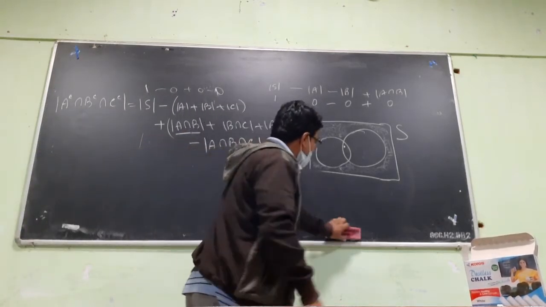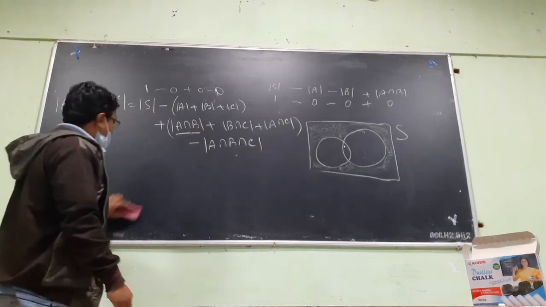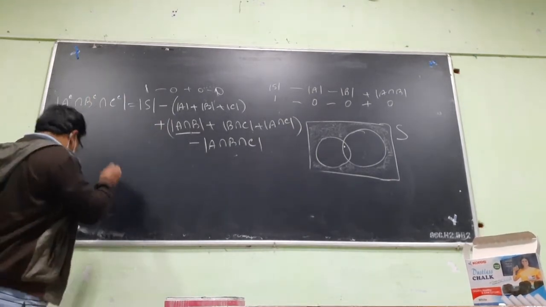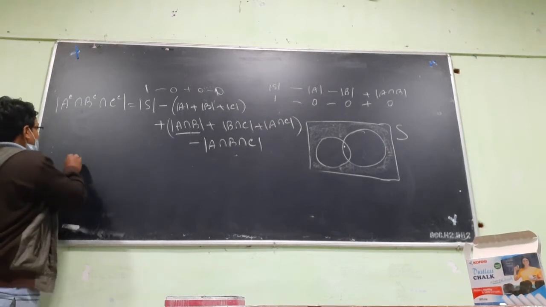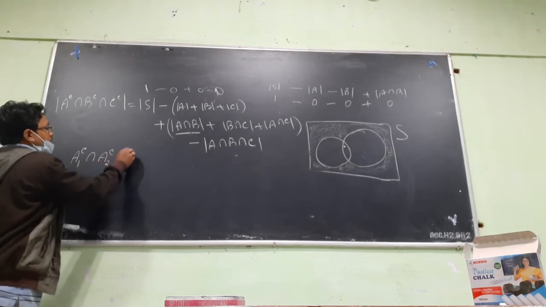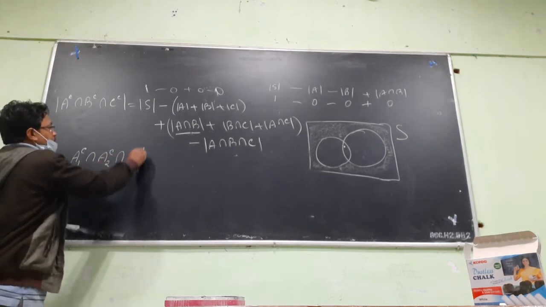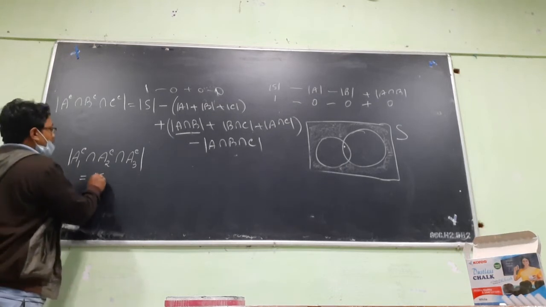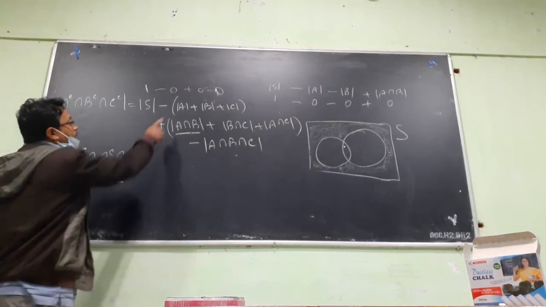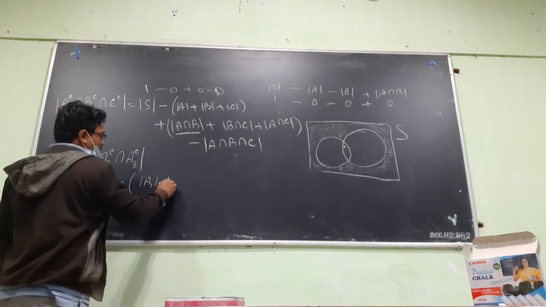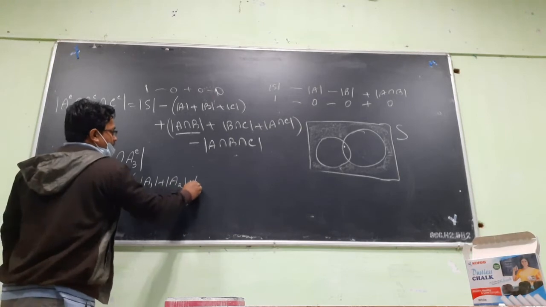Right. So let us develop a symbol to write this. So this is for 3 sets. For 4 sets also we can do. So let us develop one symbol. It is, say, A1 complement intersection A2 complement intersection A3 complement. This number of elements of S. So we will write this one as number of elements of S minus mod A1, mod A2, mod A3.